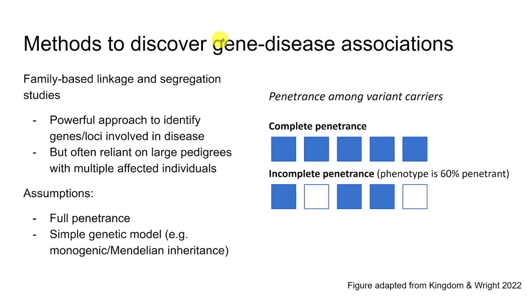So a little bit more on penetrance. Suppose you have 5 individuals with disease-causing variants. If it's complete penetrance, all those individuals will have that disease, whereas with incomplete penetrance, only a certain proportion of those individuals will have the disease.